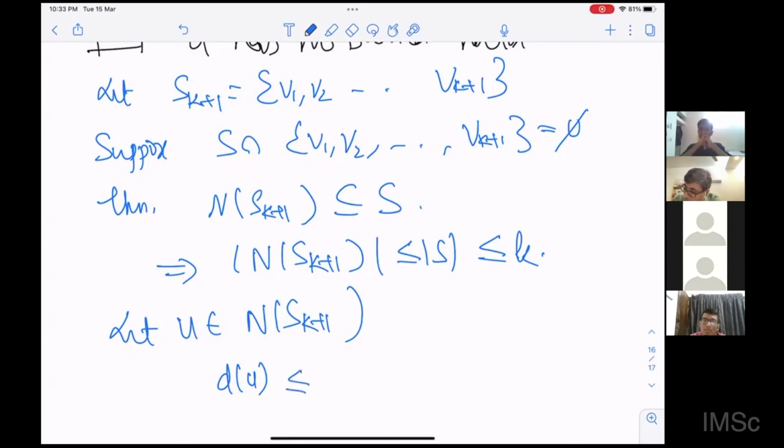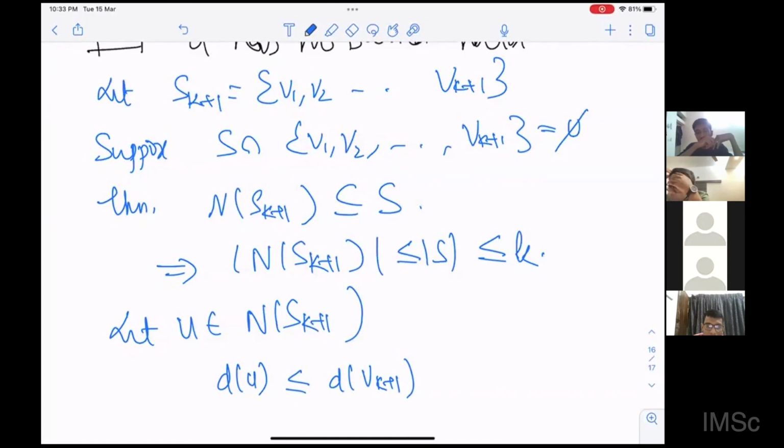Actually, one thing we have to say is that there is no edge between any two vertices of S_{k+1}. Otherwise, S would have to choose one vertex from that. I didn't get this point. If there is an edge v_i v_j, where i and j are both at most k+1, then S must contain one of those vertices, and we arrive at a contradiction.